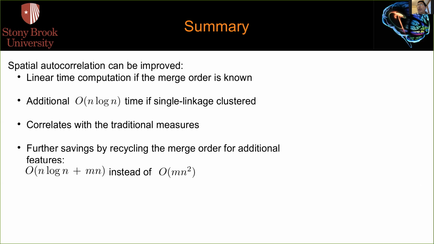We showed that the SA that we computed correlates very well with what traditional measures obtain. We also obtain further savings if we recycle the merge order computed once, and we get a complexity of the order of n log n plus mn instead of m times n squared, which traditional methods would have given.